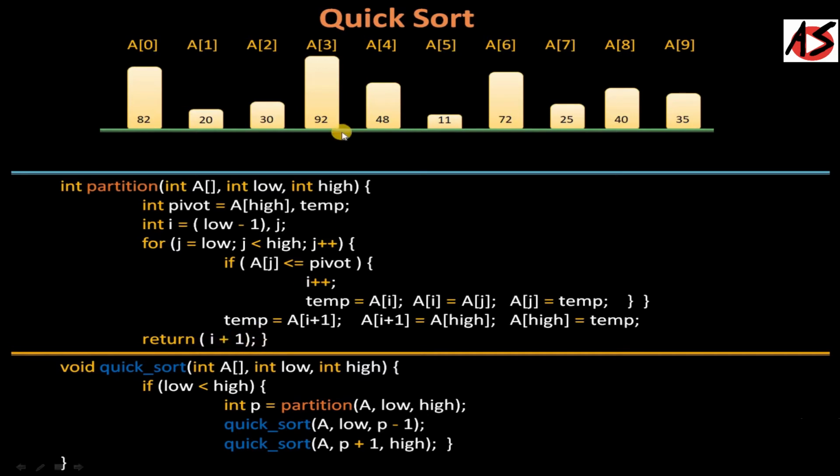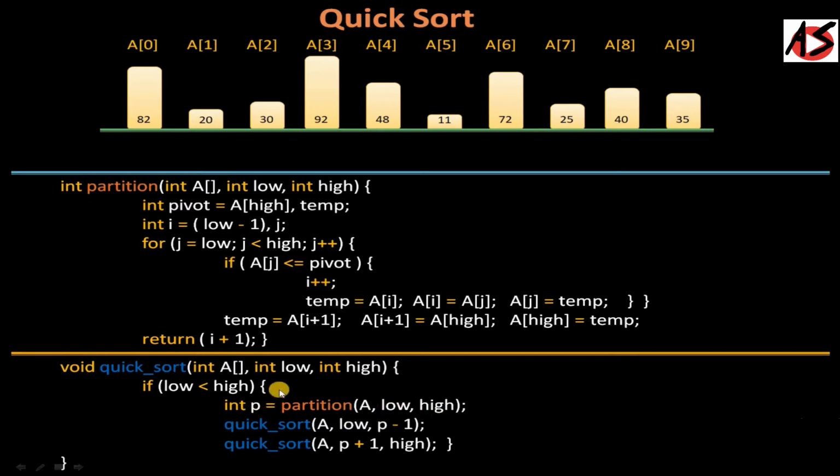So you get all the smaller elements from low to p minus 1 and all elements bigger than the pivot from p plus 1 to high. To find the element's final position p, we call the partition method.